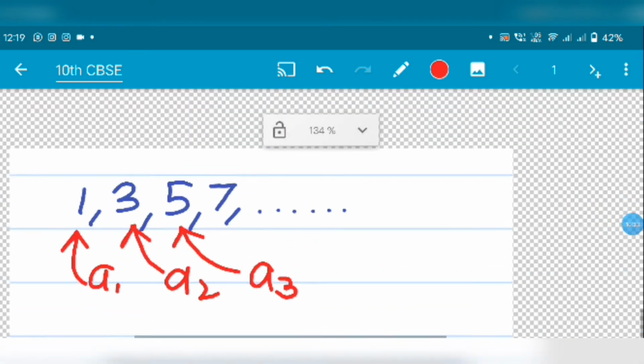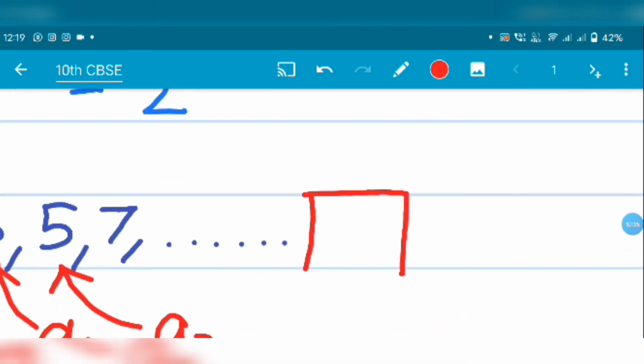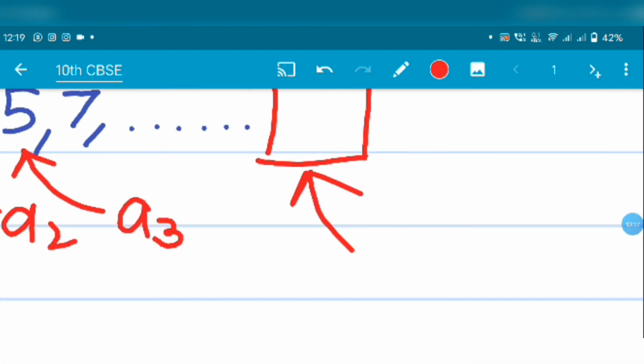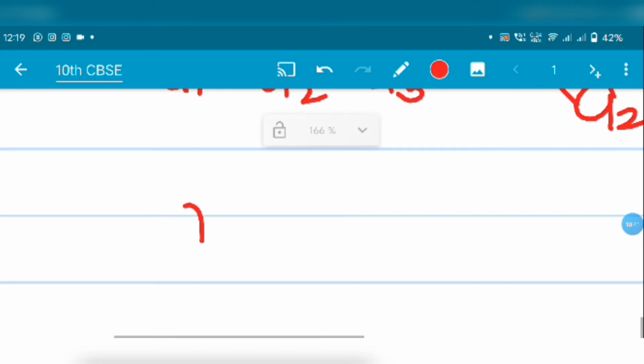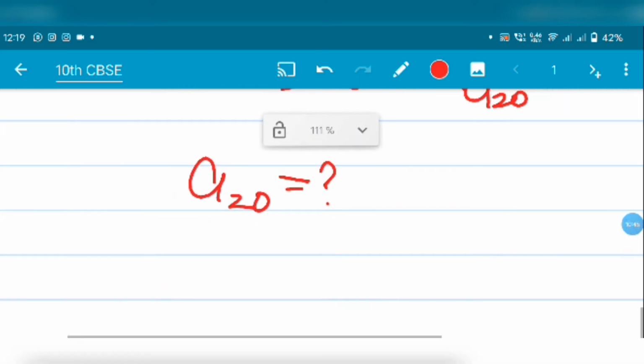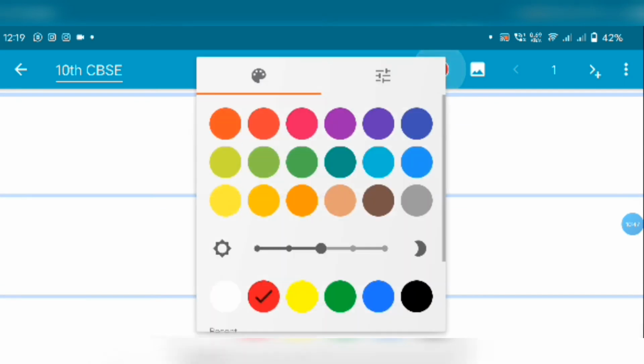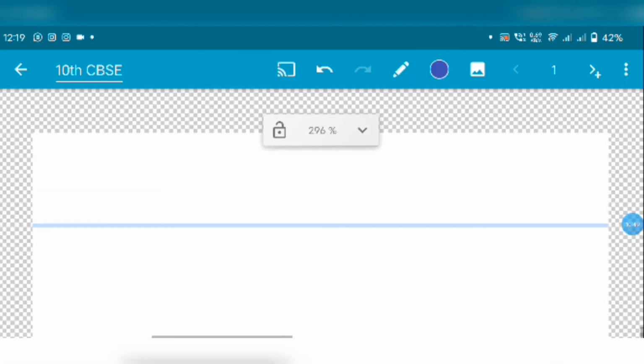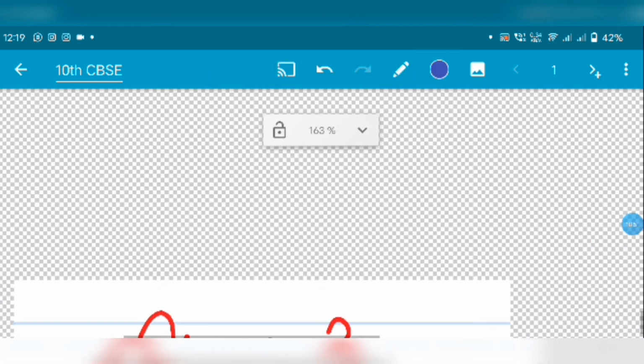Let's say I want to find A20. What number will come? To answer such a question, we have one formula. That formula we can also derive.